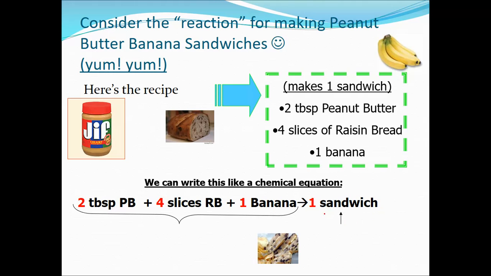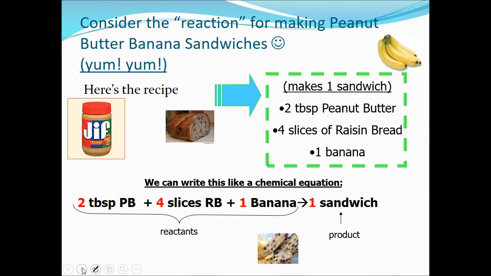So this has 1 product, so it would be similar to a synthesis reaction, right? A synthesis reaction. So you'll see in this example that the reactants are the ingredients. Your reactants in your chemical reaction are your ingredients, just like the ingredients in this recipe. And then the product is the ultimate thing that you're making, the substance that's produced. So in this case, the product is the sandwich.